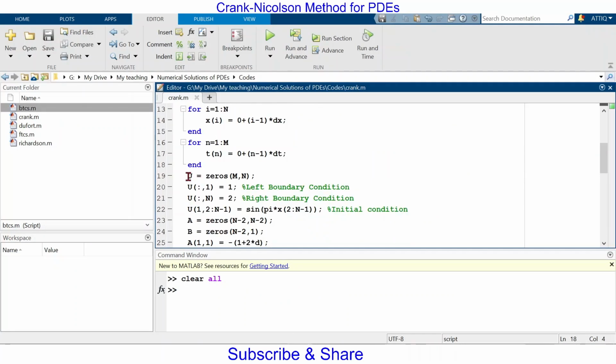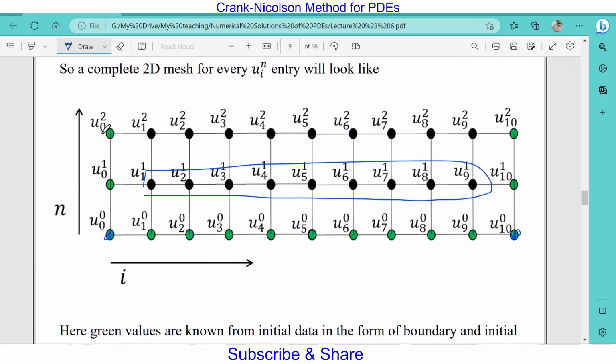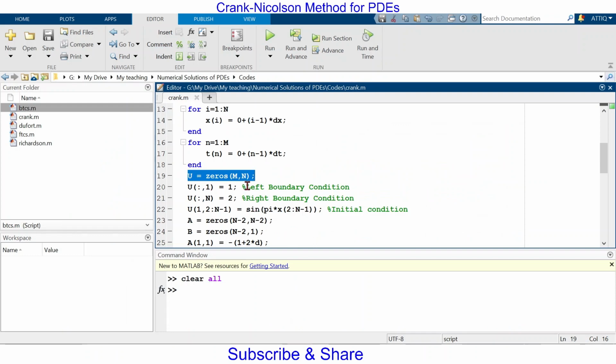And here we are formulating the dimension of our U matrix, which is the matrix of unknowns. It will be m cross n, because in this case it was 2 time values and then 11 columns. The left boundary condition was 0 in this case and the right boundary condition was also 0.